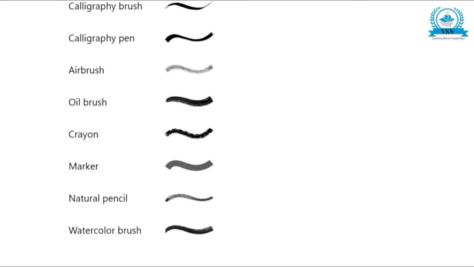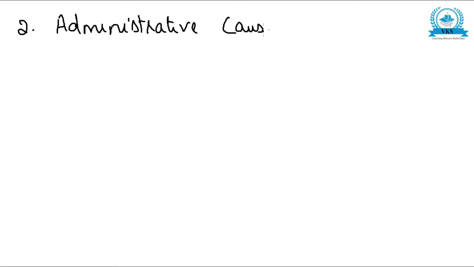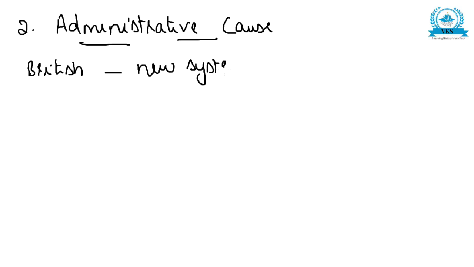Now let us see the second cause. The second cause is the administrative cause. What was the problem in the administration during that time? The British introduced a new system of administration, which replaced the Indian traditional system.